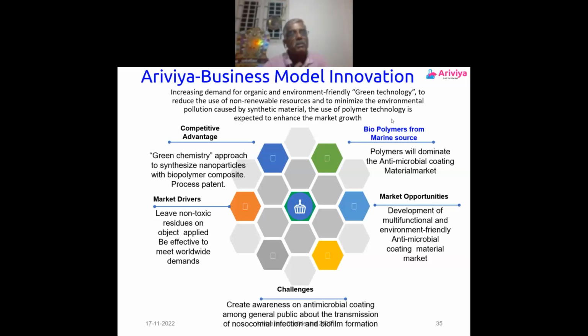Almost all the biopolymers we derive from the marine source, and we have found good market drivers as well as very good market opportunities. So we have very good challenges. Without challenges, we cannot stand with the product. We have very great challenges in front of us. This is the Arivia business model, the innovation model.